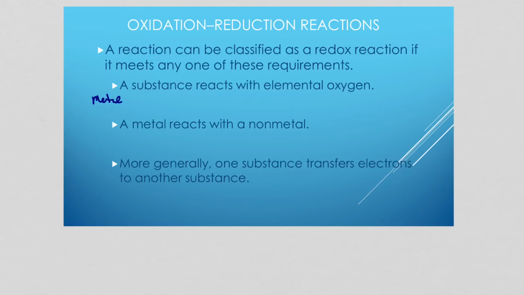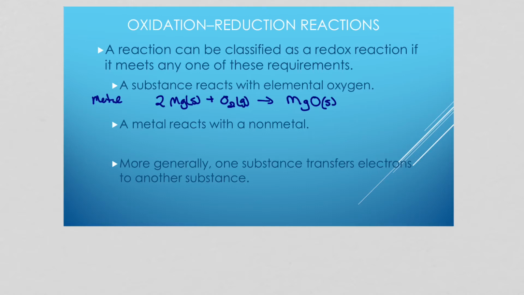For example, we might have the reaction of magnesium metal plus O2 gas forms magnesium oxide, solid. So a metal combines with oxygen to give you an ionic compound as our product.